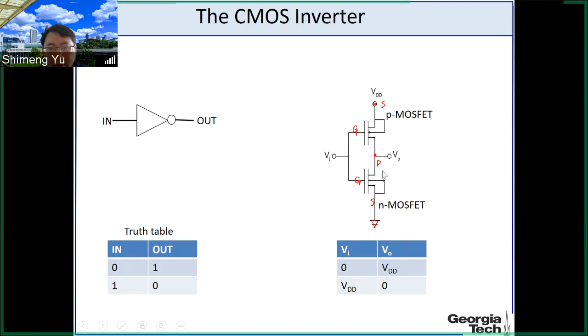This is the actual implementation of this logic. You have seen logic in 2020, but now from 3030, you need to implement that with transistors, because in a real chip, the logic functions are always implemented with those transistors.